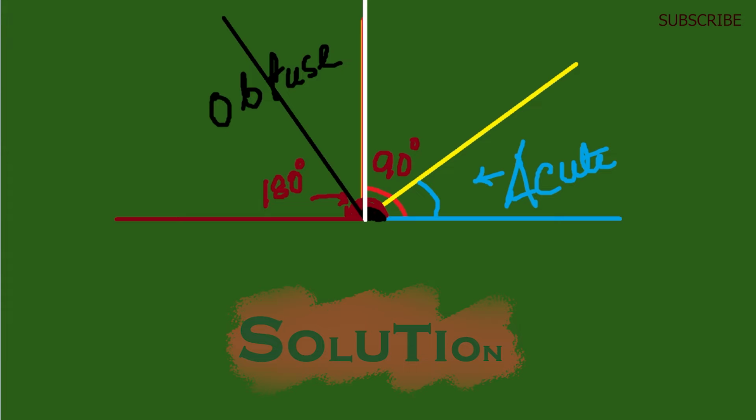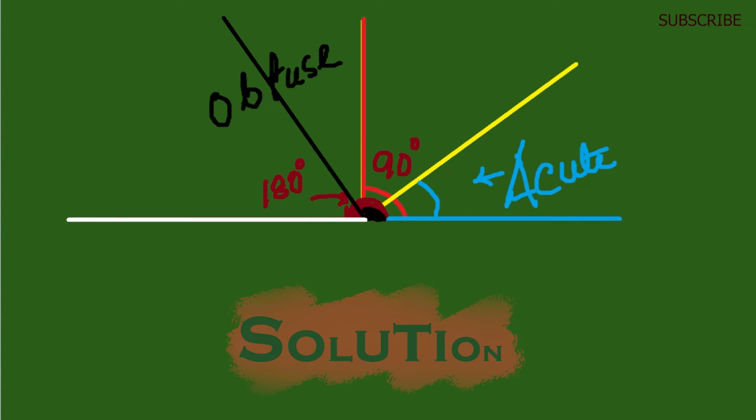Once it reaches the top, it is straight, making an L shape with the blue line. So this is now 90 degrees. Now if I move further, it is in the obtuse angle zone. So these are all obtuse angles, because it is more than 90 but less than 180, less than the straight angle.